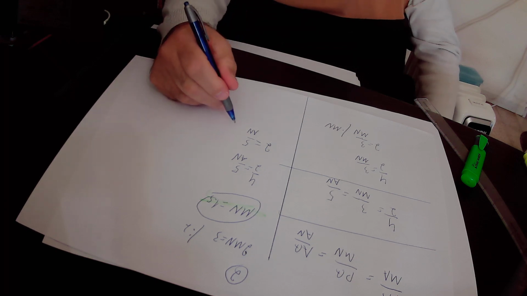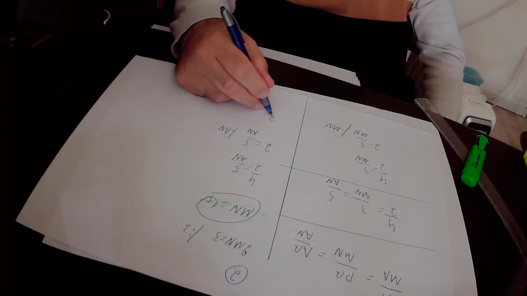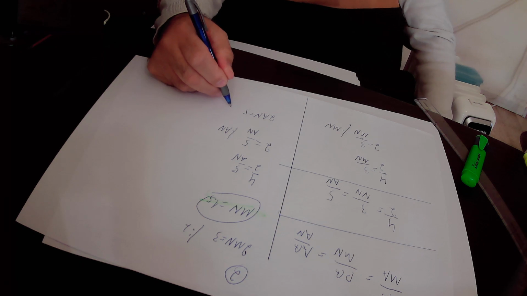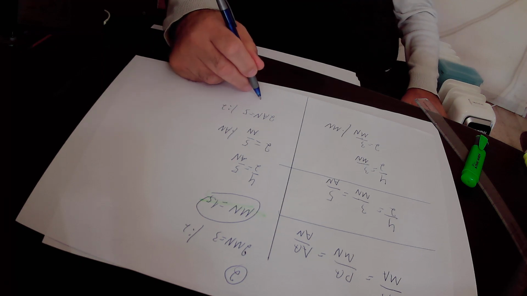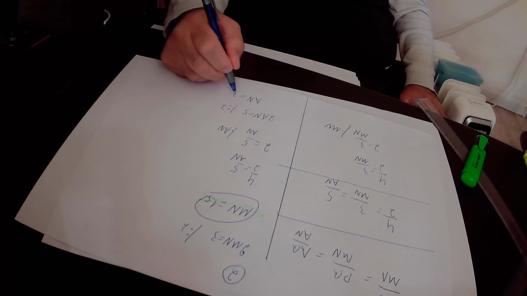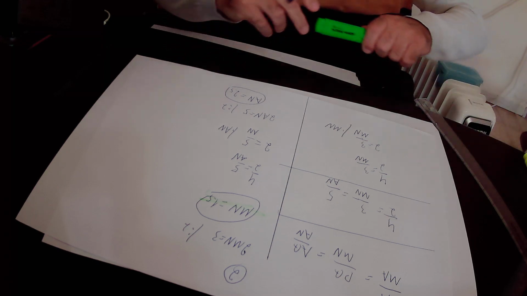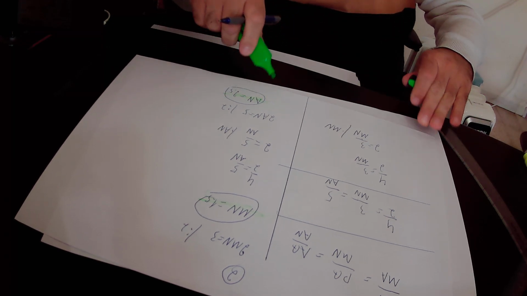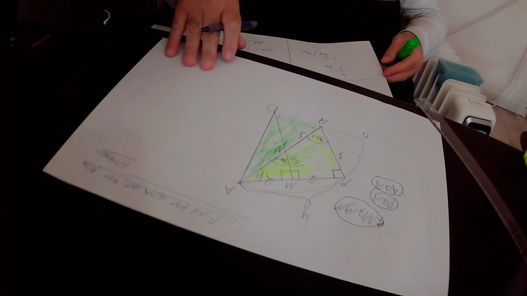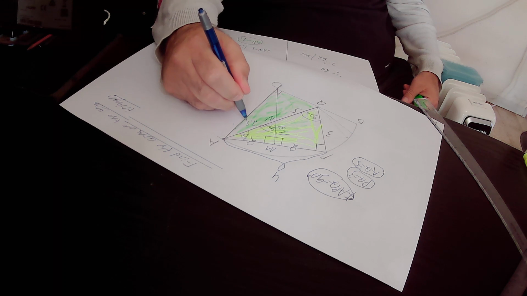We multiply this equation by AN and get 2 times AN equals 5. Dividing by 2, we get AN equals 5 over 2, which is 2.5 units. So I write it down in the drawing that AN equals 2.5 units in length.